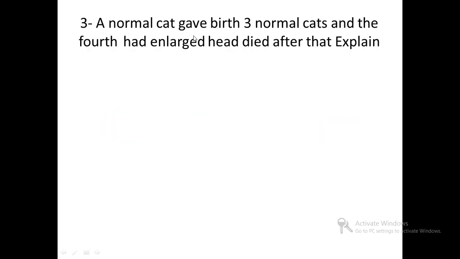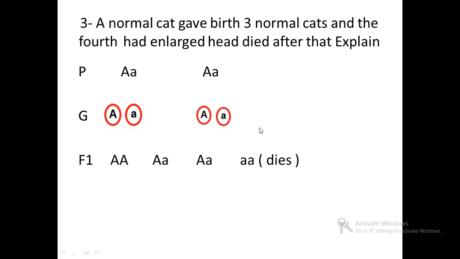A normal cat gave birth to 3 normal cats, and the fourth had an enlarged head and died after that. Died is a keyword meaning that this problem is a lethal gene case. The two parents are hybrid: A capital A small, A capital A small. Each parent produces two types of gametes. A capital A capital, A capital A small, A capital A small, A small A small.